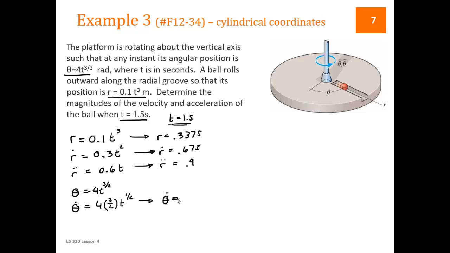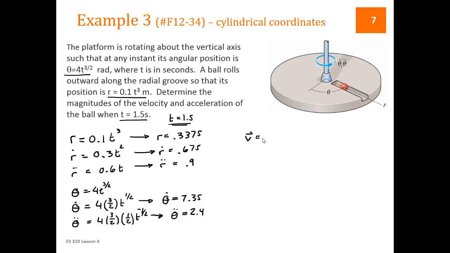Theta dot is equal to 7.35. Okay, and then we get theta double dot is equal to 4 times 3 halves times 1 half times t to the negative 1 half, which gives us a theta double dot of 2.45.